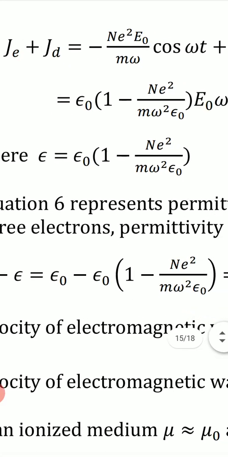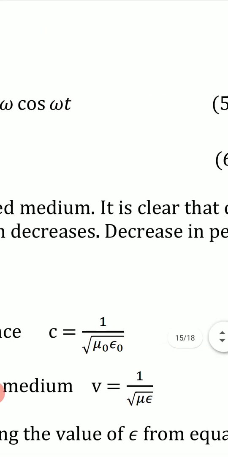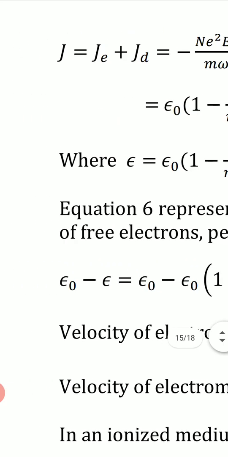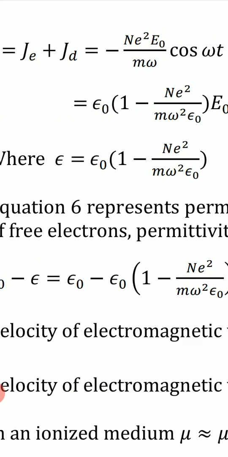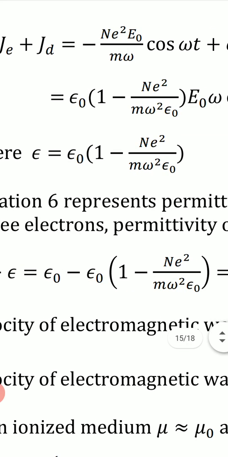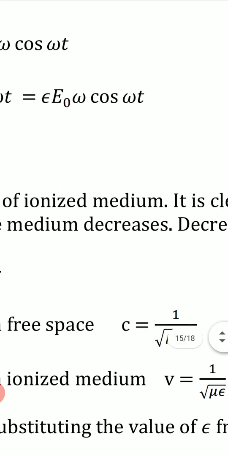This equation, equation 6, which gives the value of epsilon, is the permittivity of the ionized medium, and epsilon 0 is the permittivity of free space, that is vacuum. So this equation 6 represents the permittivity of the ionized medium.